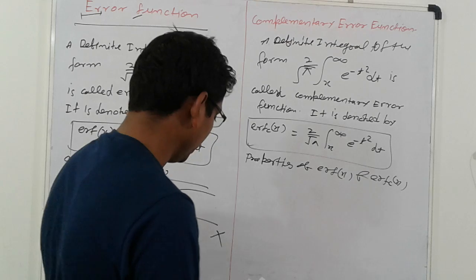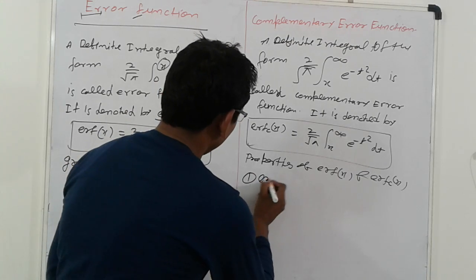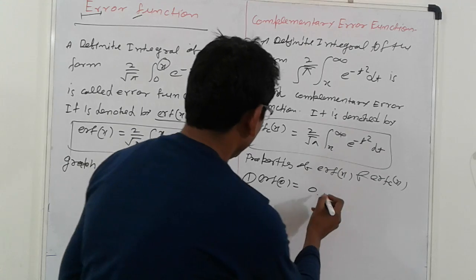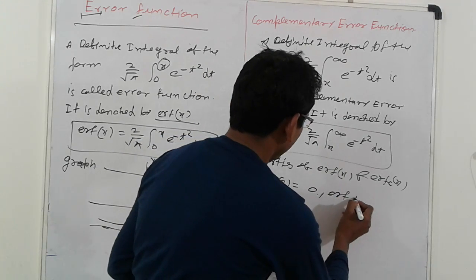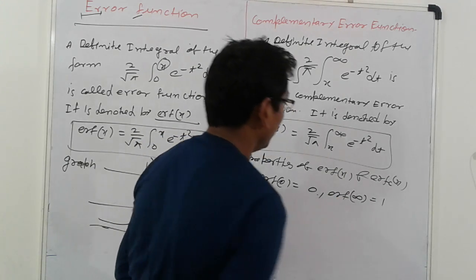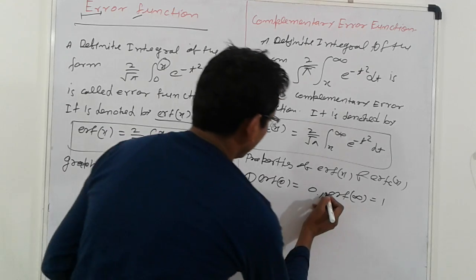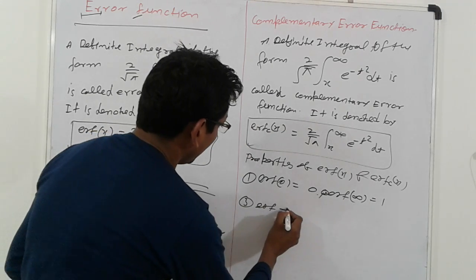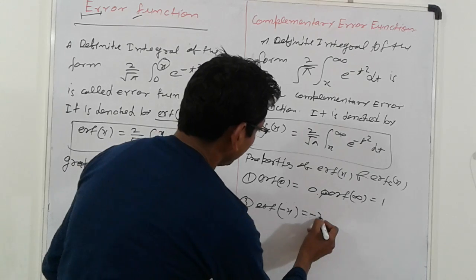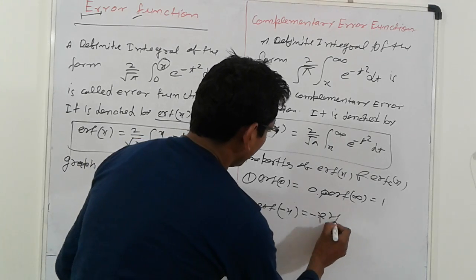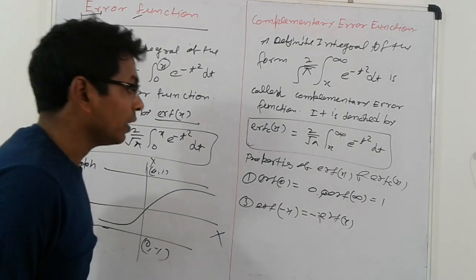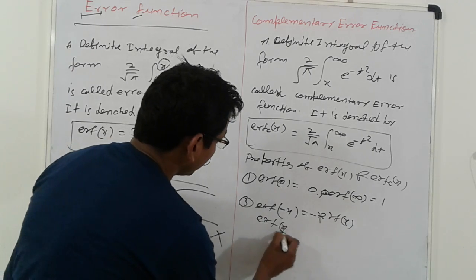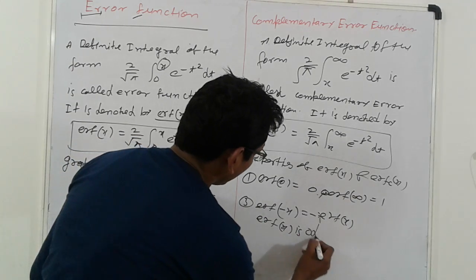So erf of 0 first. Erf of 0 equal to 0 and erf of infinity equal to 1. That is the second property. Third, erf of minus x is equal to minus erf of x, means erf of x is an odd function.